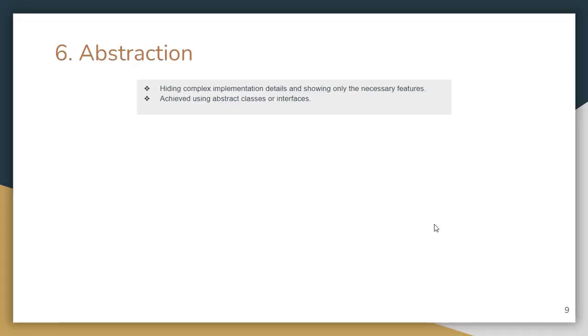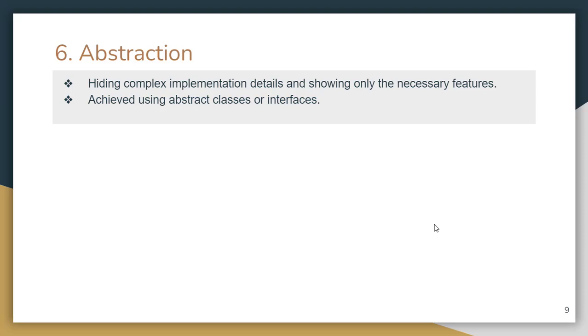Next feature is abstraction. Abstraction means I am hiding something. We hide complex implementation details and show only the necessary features of a class, and it is achieved using abstract classes or interfaces.